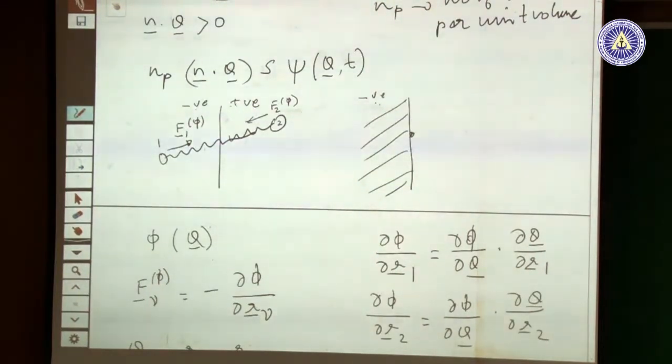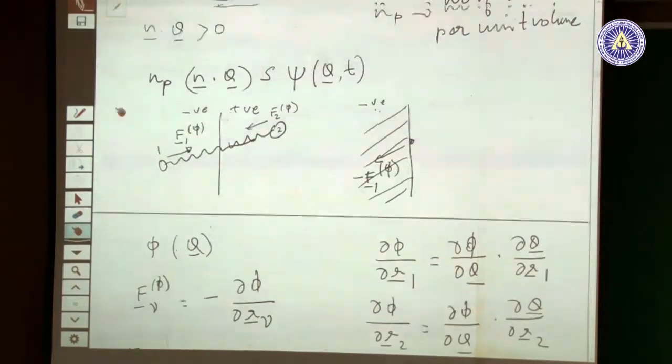So, if we want to know what the negative side is doing to the positive side, it is pulling back with minus F1 phi. That is effectively what the negative side is imposing on the positive side.